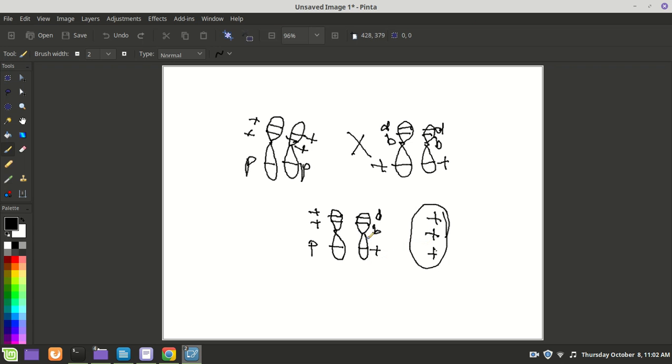So if you take two of these and cross them, if there's crossing over, you might actually get something to show up that isn't all wild type, and that's what we did. So we crossed two of these. I'll make another one, males and females here.